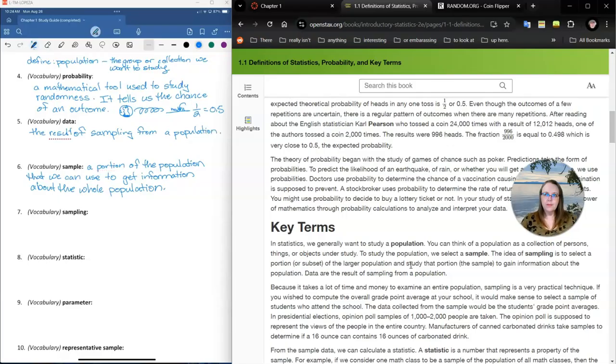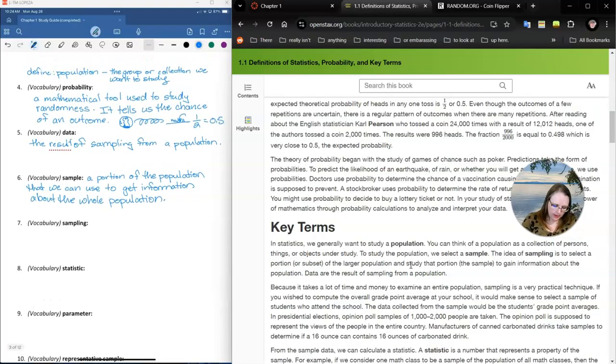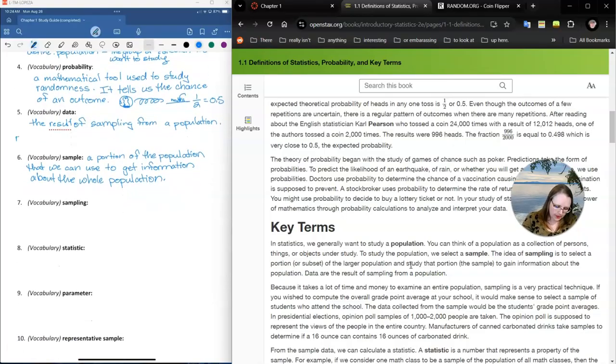So if, let's say it's the ball pit example here. So for example, population is all of the balls in a ball pit.